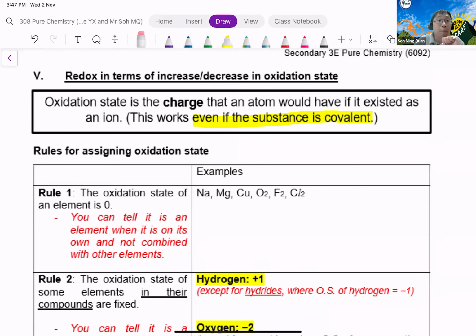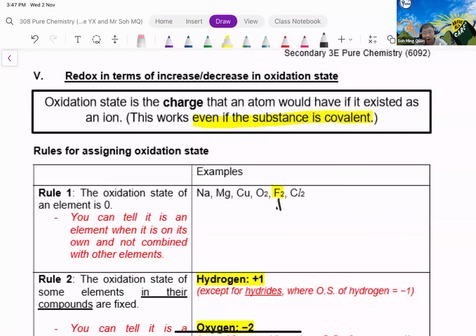It is not combined with other elements. Now, how can you tell from a chemical formula that it's an element? Well, if you look at a chemical formula like F2, F2 contains only fluorine, right? It contains only fluorine atoms. It is not combined with other types of elements. So we know that F2 is an element. So automatically the oxidation state of fluorine in F2 is 0.